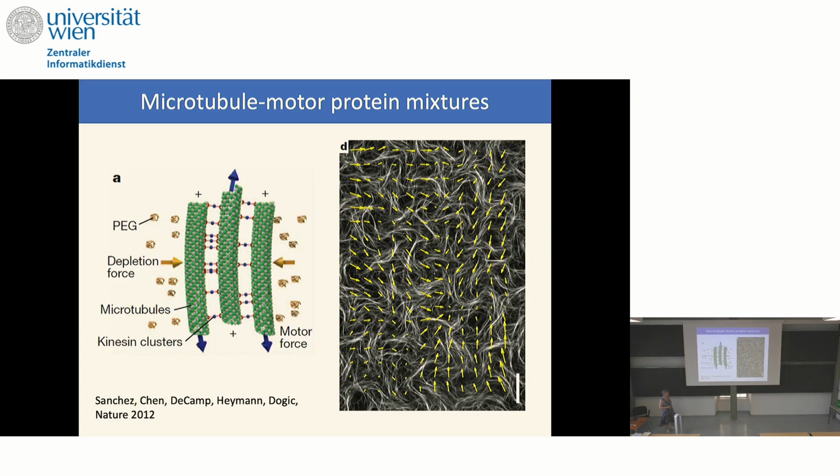The difference is that the motor proteins, which are kinesin clusters, have two heads, so they can bridge between the microtubules. Now, these things walk along the microtubules, and if they're all walking in the same direction, nothing's going to happen. But if one of them on this side moves that way, and one of them on this side moves that way, they're pushing the microtubules relative to each other.